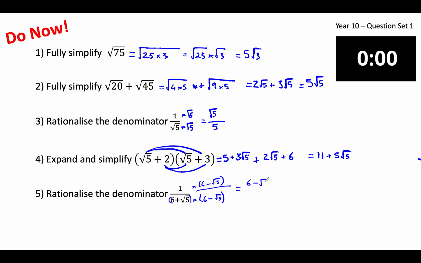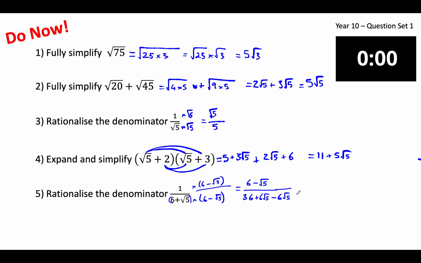6 minus root 5. Now underneath, we're going to FOIL it. 6 times 6 is 36. I've got 6 lots of root 5. I will have 6 times minus root 5, so that's minus 6 lots of root 5, which is why it's going to disappear, because they cancel out.